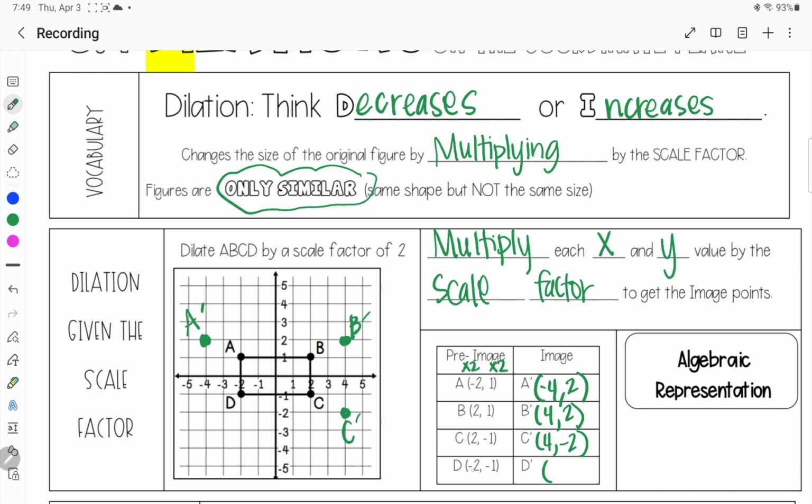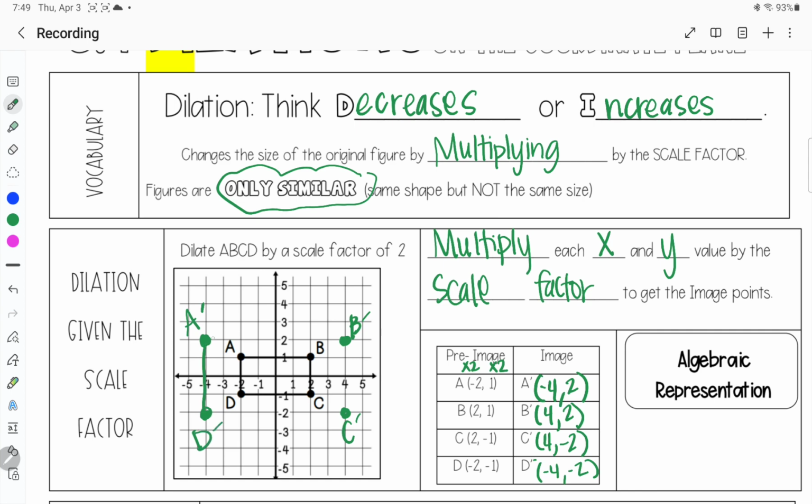And your last one, negative 2 times 2 is negative 4, and 2 times negative 1 is negative 2. Oh, I forgot my negative on that, so let me just rewrite that. You have negative 4, negative 2. So we end up at negative 4, negative 2, and this would be D prime.